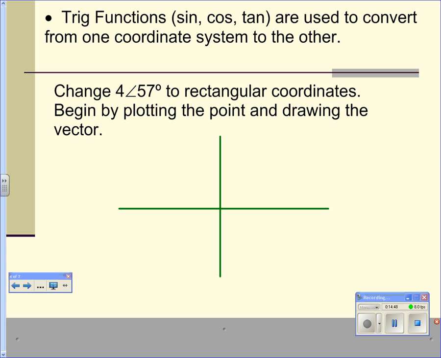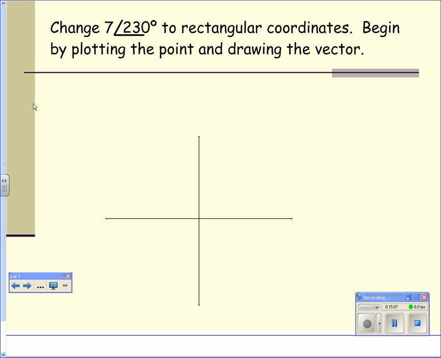Step 2: use sine and cosine to find your r and your u. And then step 3, you just write it in rectangular form. Does that make sense? Okay. So see if you can first off plot the point and draw the vector by yourself.